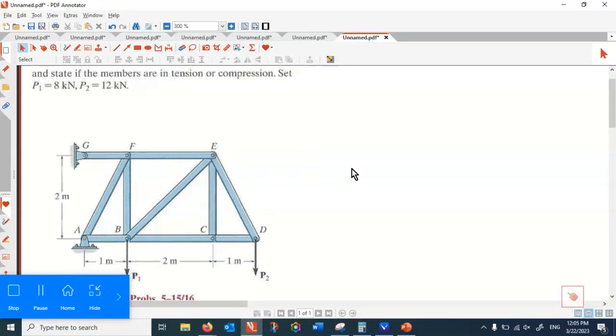Can you give it a go? Try. If I ask you to find the force in BC, it takes a very smart student to do it with the minimum calculation. Can you find out FBC with the minimum calculation?